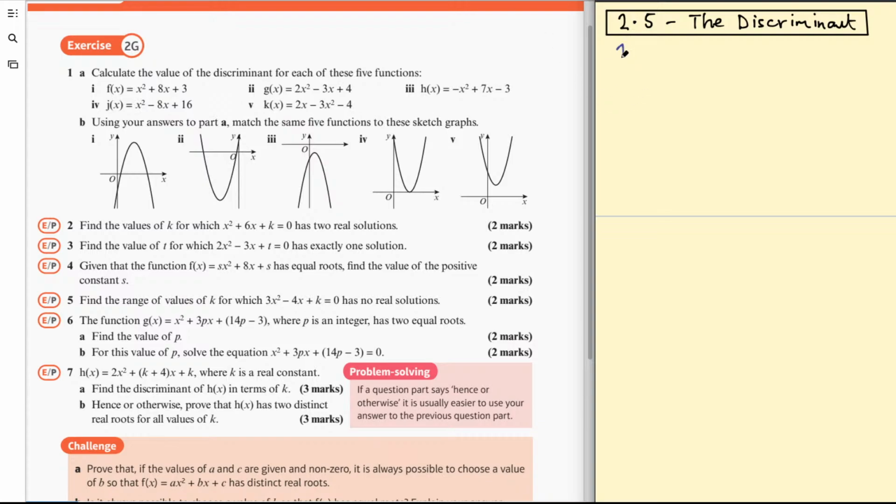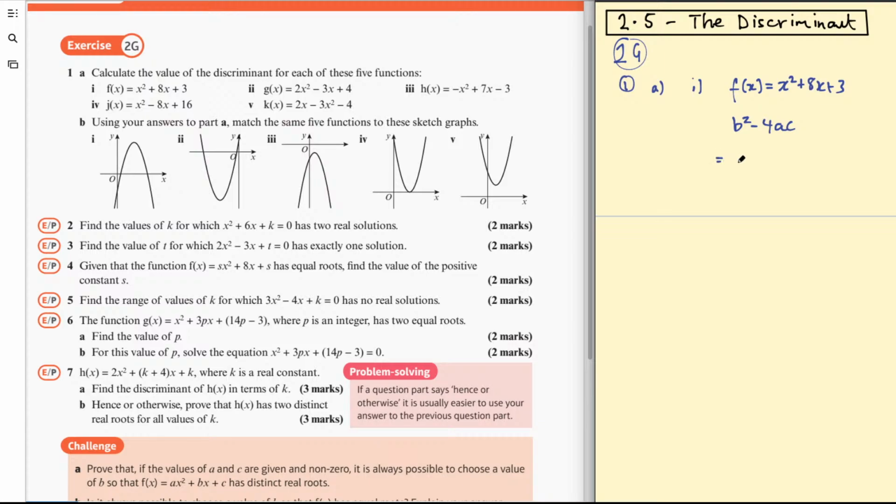We're on to exercise 2G now, question 1A, and I'll just do a couple of these. So if f of x equals x squared plus 8x plus 3, remember the discriminant is b squared take 4ac, and we're trying to find the value of the discriminant.